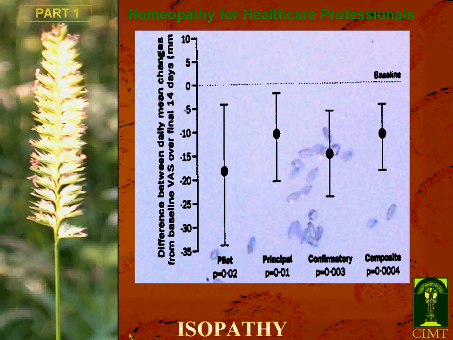This is a slide showing an extract from David Riley's trials of isopathy. David's trials did not seek to prove homeopathy. What he did was he asked the question, is homeopathy a placebo response? That was his basic question. And it's important not to confuse the basis for this piece of research.